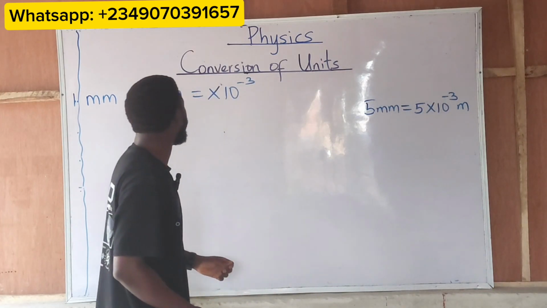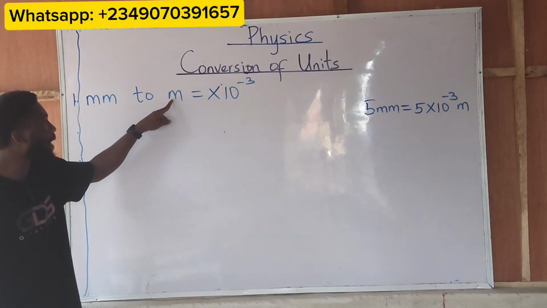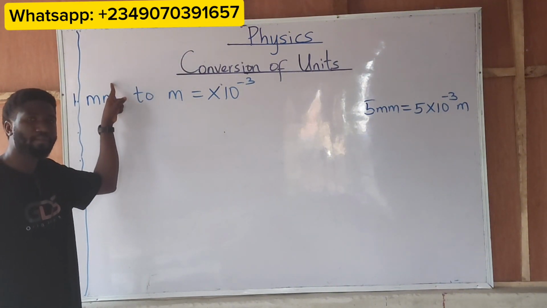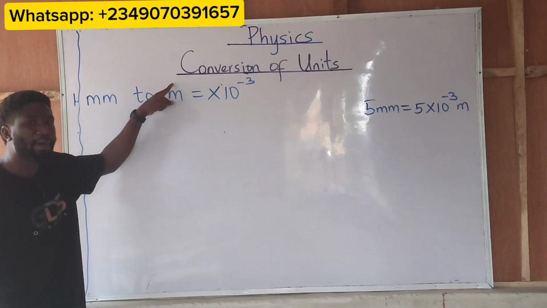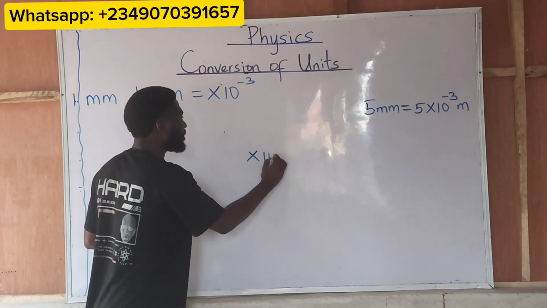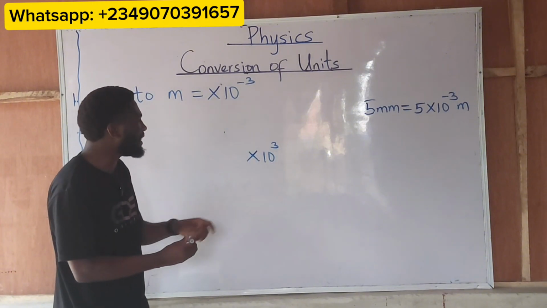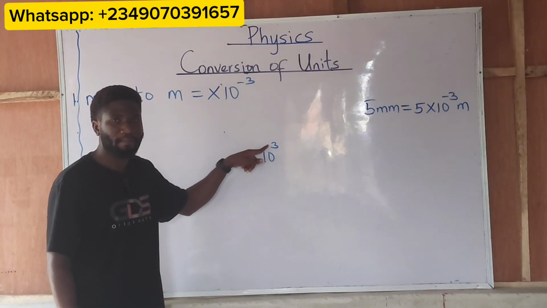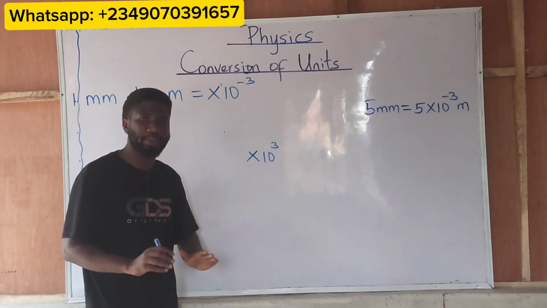But in the case where you want to change meter back to millimeter, then you are going to have times 10 raised to power 3. Just remove the negative sign. Please don't get this confused.